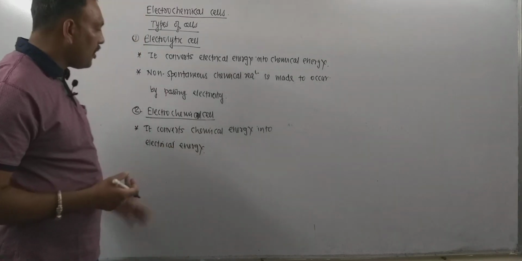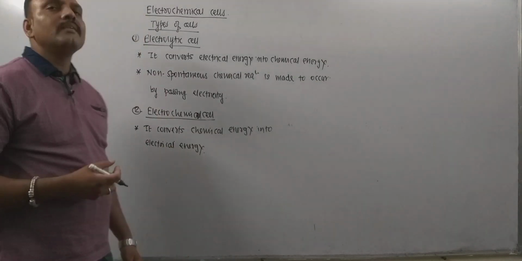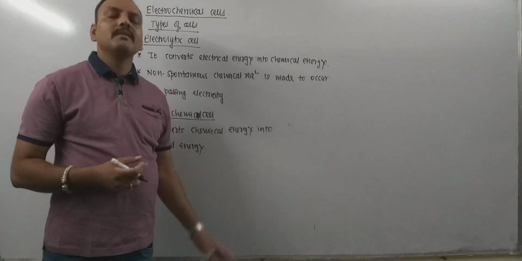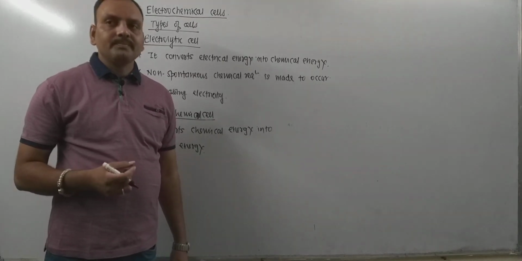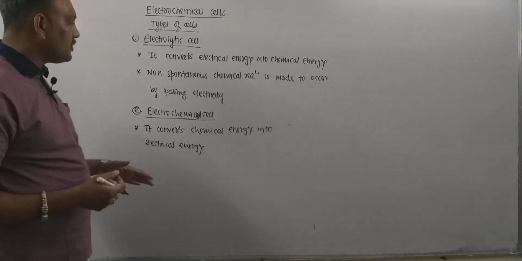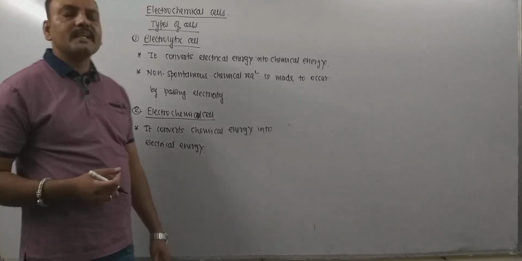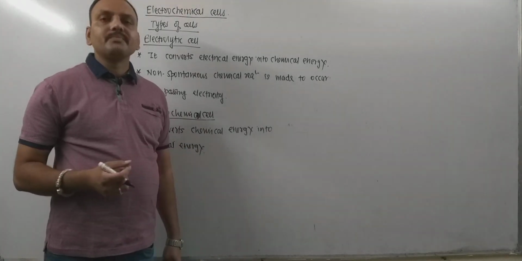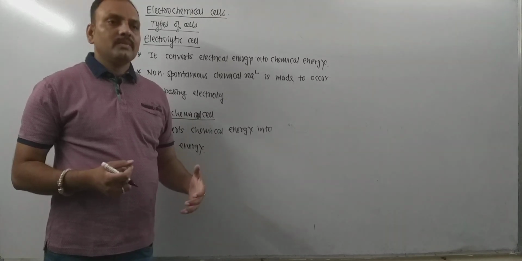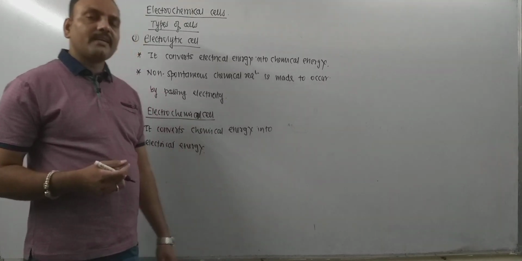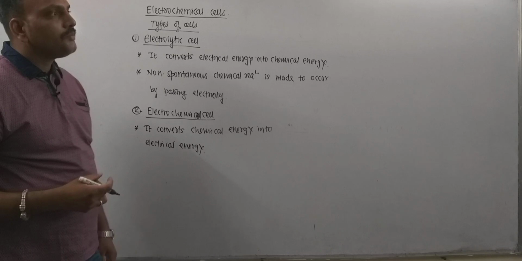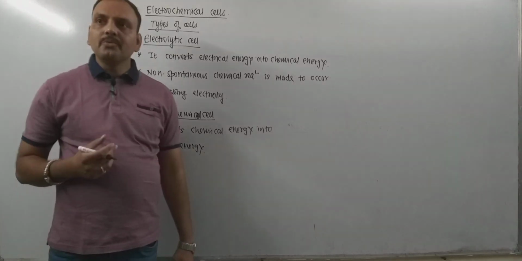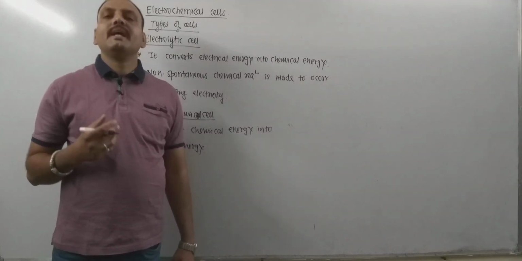So the reaction involving an electrochemical cell is a spontaneous chemical reaction. And examples of electrochemical cells are the dry cell, nickel cadmium cell, then Daniell cell, etc. These are the cells which we use in our day-to-day life.